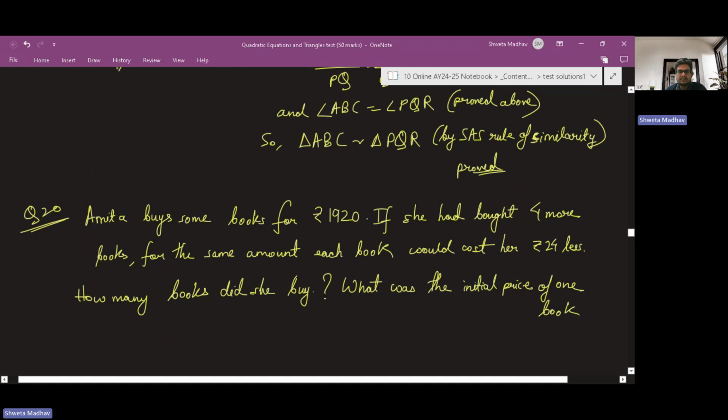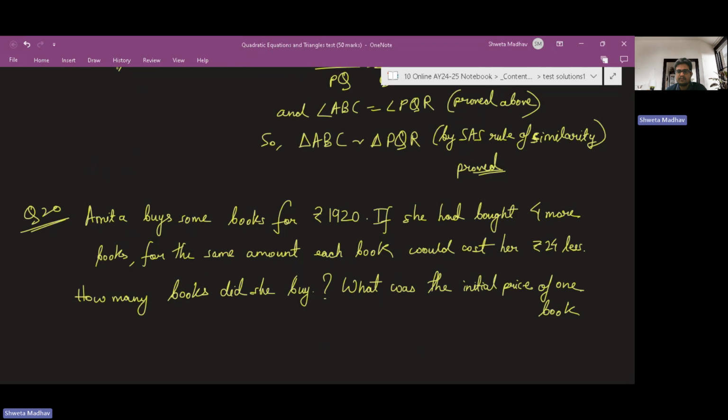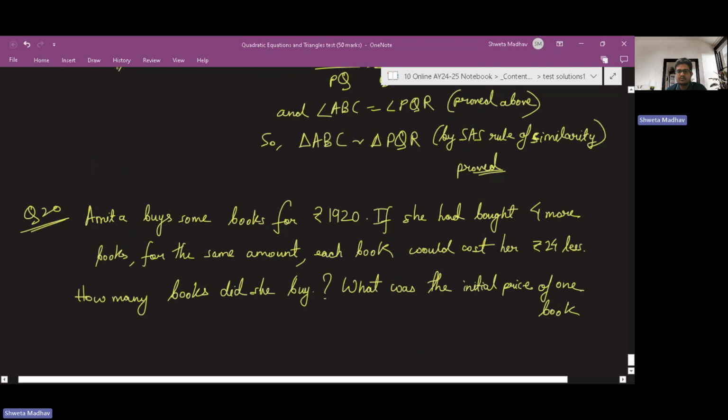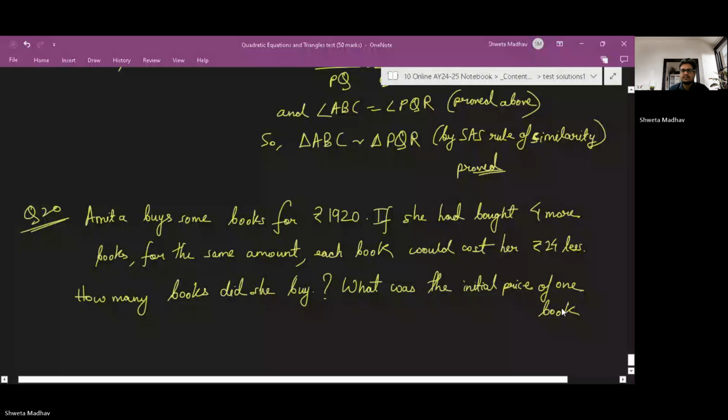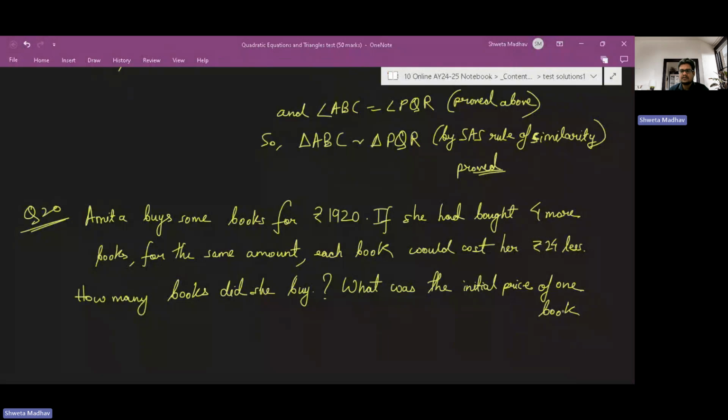So Amita buys some books for rupees 1920. If she had bought four more books for the same amount, then each book would cost her rupees 24 less. How many books did she buy? And what was the initial price of one book?